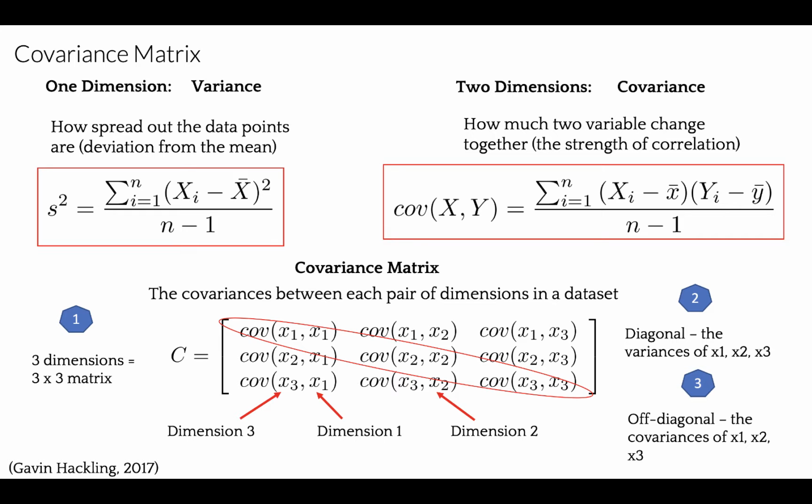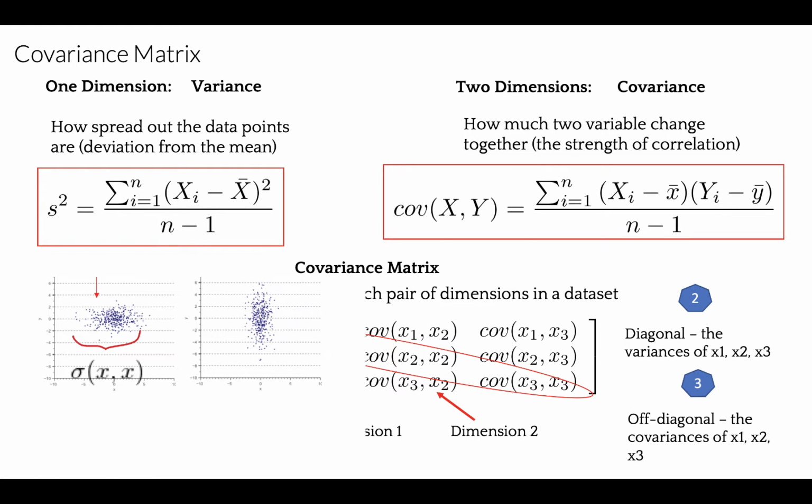A large diagonal value corresponds to a strong signal, and we would like to maximize these variances. The off-diagonal values are the covariances. Very large off-diagonal values correspond to high distortion in our data, such as correlation and redundancy, and we would like to minimize them.